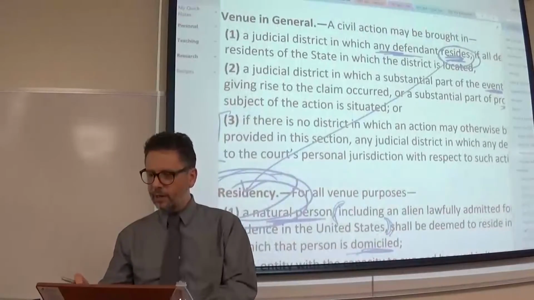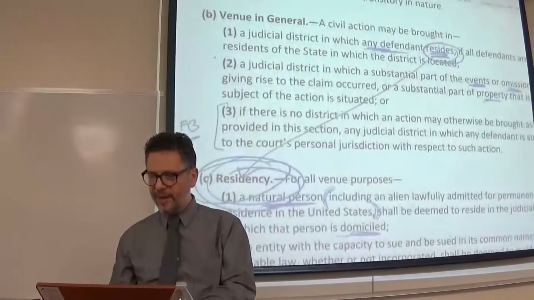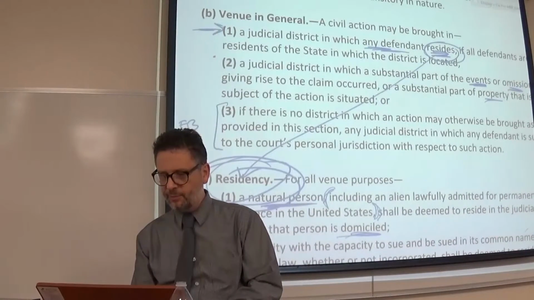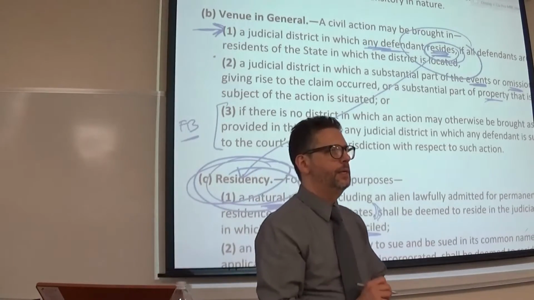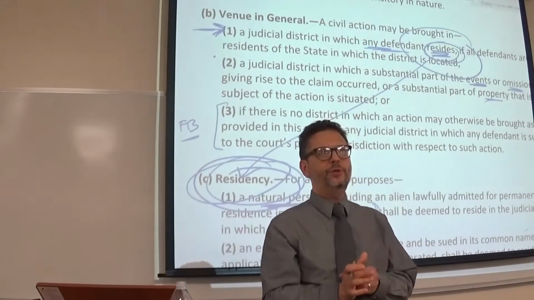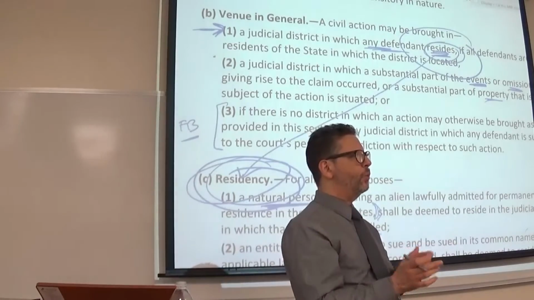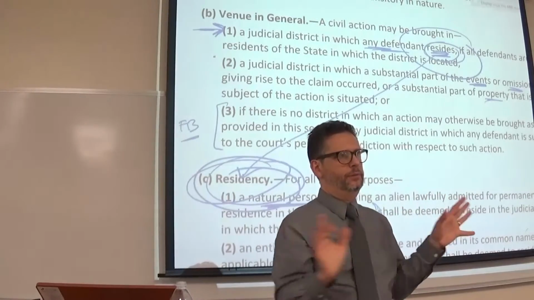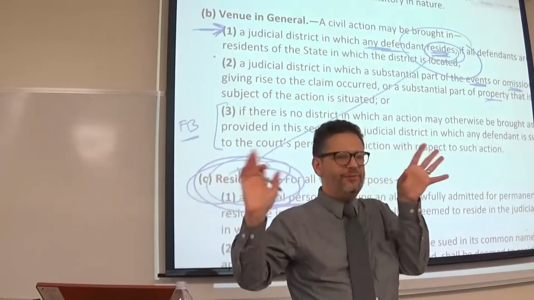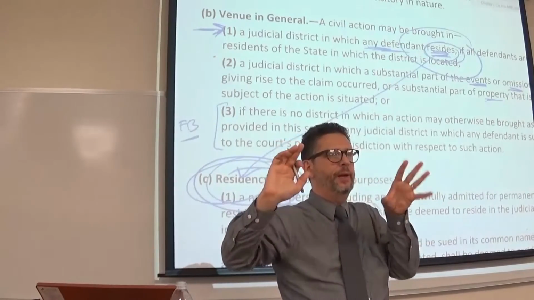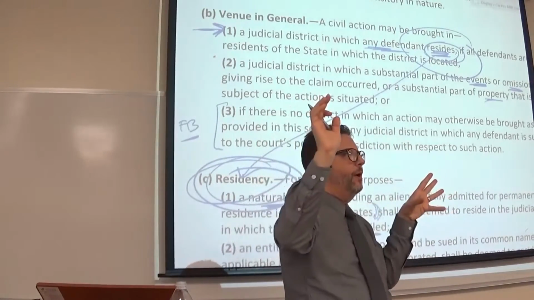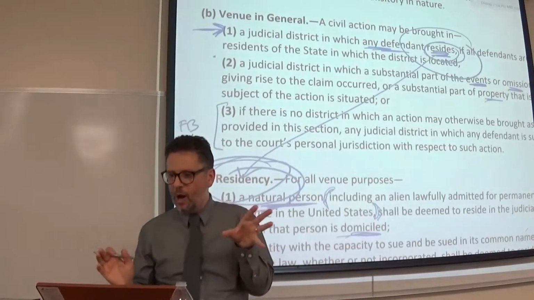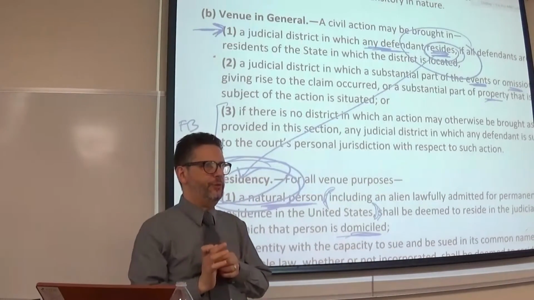And the only part of the venue statute where residency matters is in B1, which looks to where the defendants reside. The other parts of the venue statute, B2 and B3, residence doesn't matter. Okay? Well, in 3 a little bit, but I'll explain that in a second. But residency, for purposes of venue, matters under B1, but not B2 or B3.